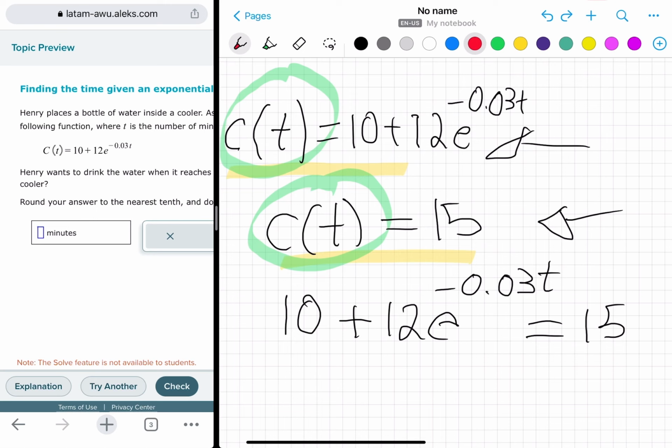Maybe the hardest part of the problem is explaining the problem, making this problem into math. But you are given already a function, so you just have to make it equal to the value that Henry wants.